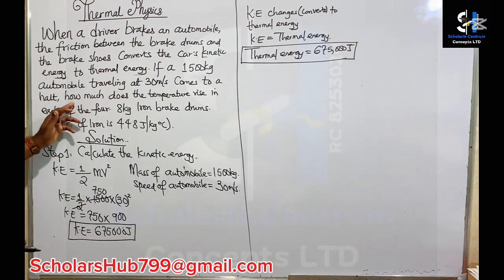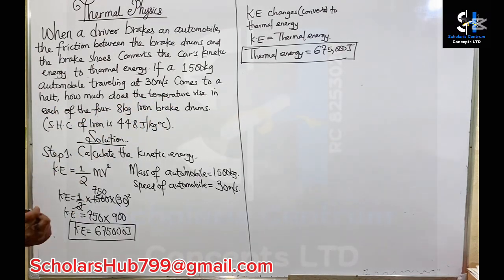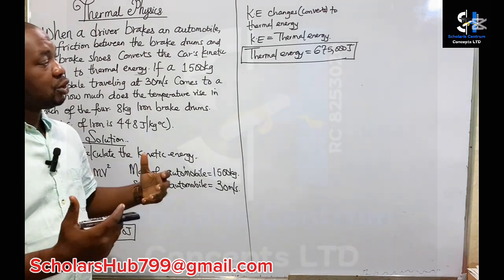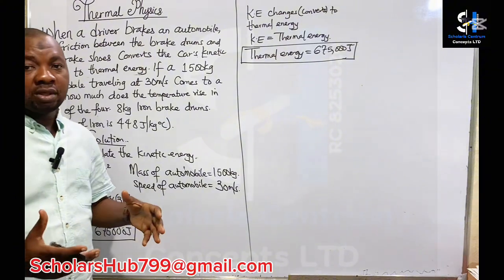Because we want to find out how much the temperature rises in each of the four 8 kilogram iron brake drums, we'll need to calculate the thermal energy absorbed by each brake drum.